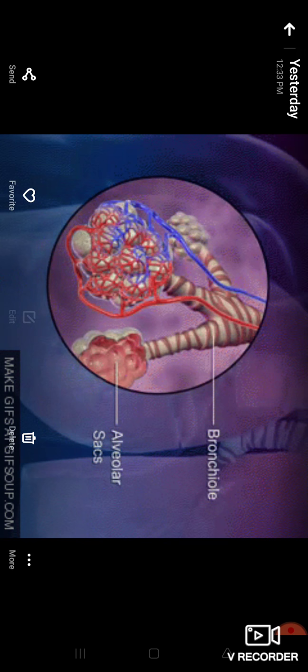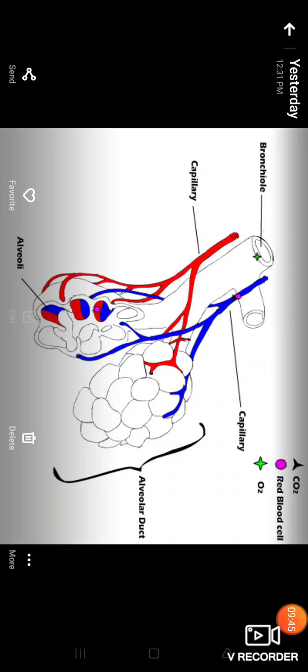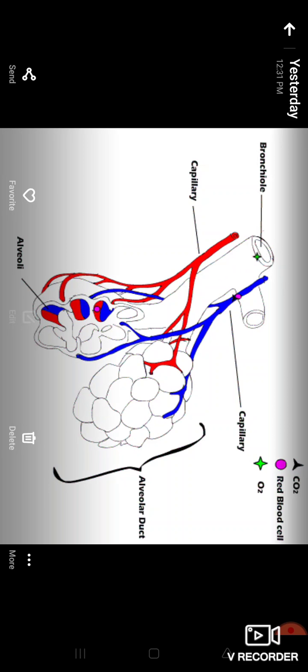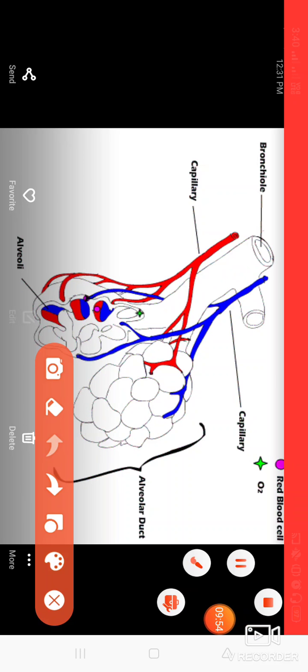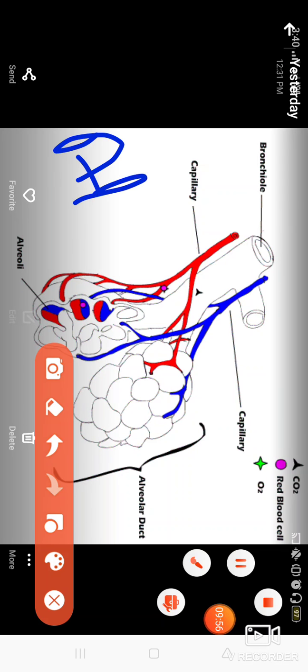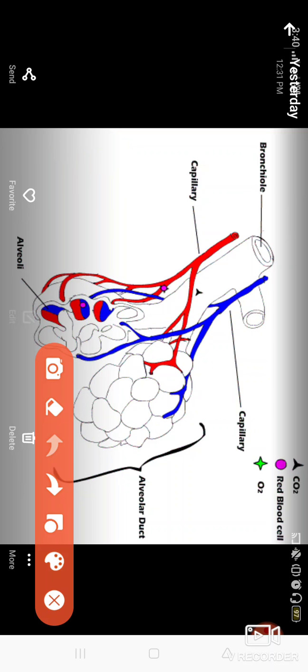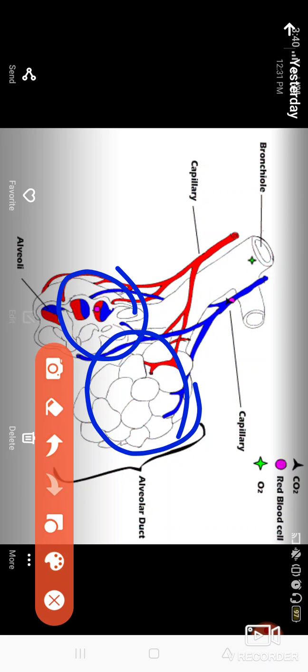This is where the bronchioles and alveoli are located. Okay, so this is the structure of the alveoli here. If we see it, it will look like this. So these structures which you see here are alveoli, and these are the bronchioles and bronchi.